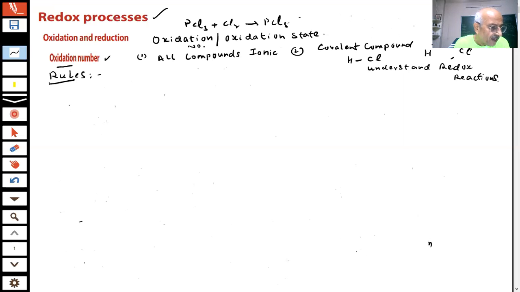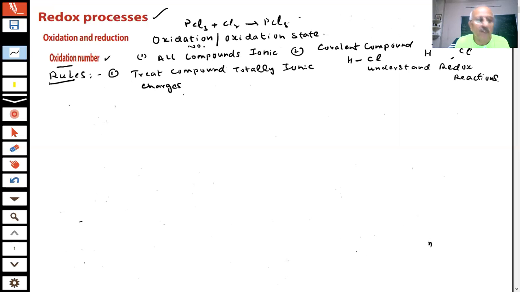The first rule I am saying is: treat the compound as totally ionic. Treat the compound as completely ionic. Then, if the compound is ionic, there will be charges on the atoms.